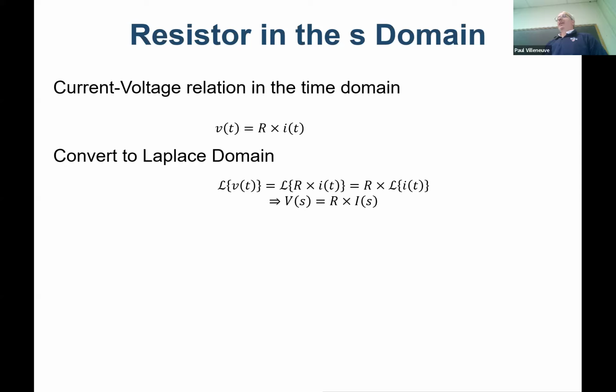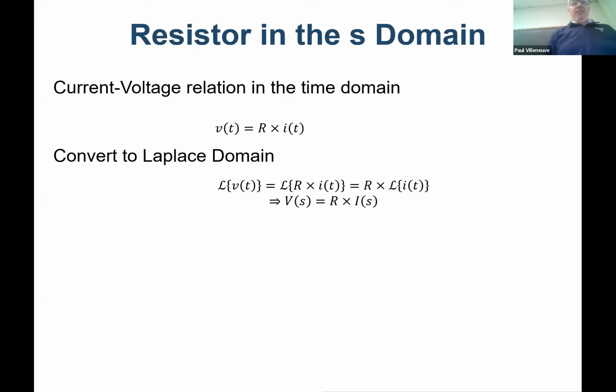When we multiply a function in the time domain by a constant, what is that equivalent to in the Laplace domain? Does it stay in multiple? That you can multiply it through? Yeah. If it's a constant, it's the exact same thing. Multiplying a function in the time domain by a constant is exactly the same as multiplying that Laplace domain transformed function by that exact same constant.